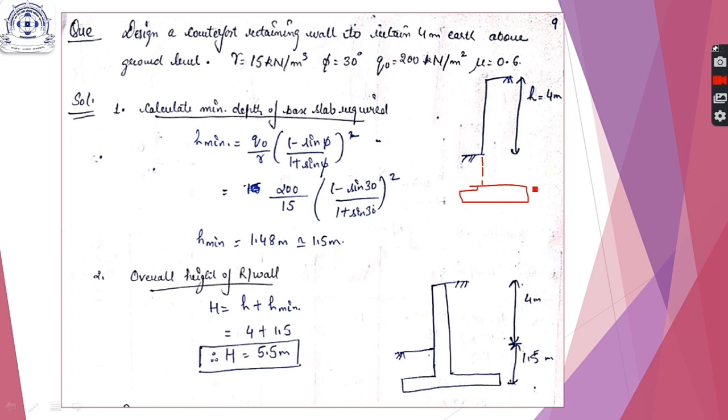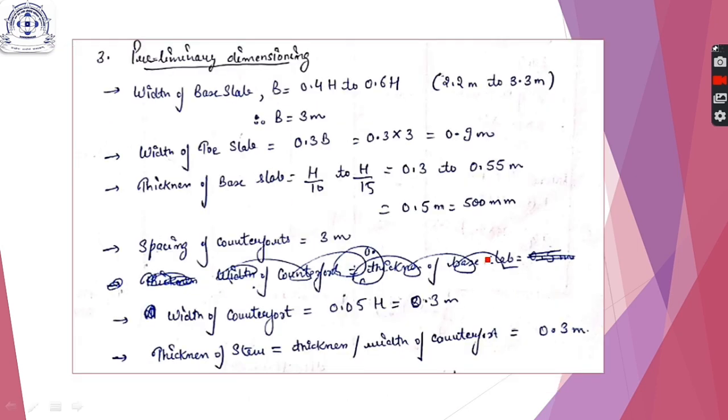So the overall height will be 4 meter plus 1.5 meter, hence 5.5 meter. So the total height of the retaining wall is 5.5 meter, out of which 4 meter is above ground. Now preliminary dimensioning is done almost the same as that of a cantilever retaining wall.